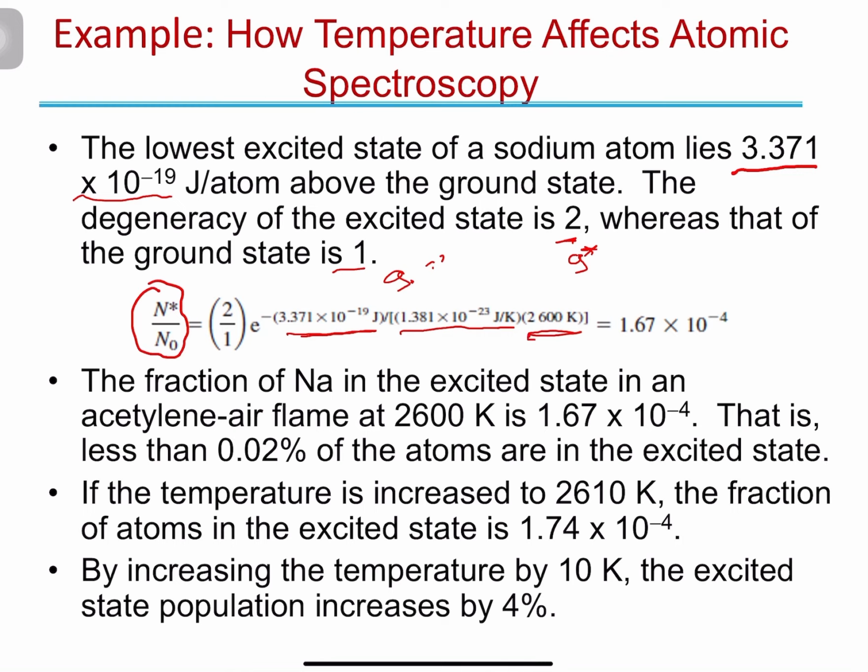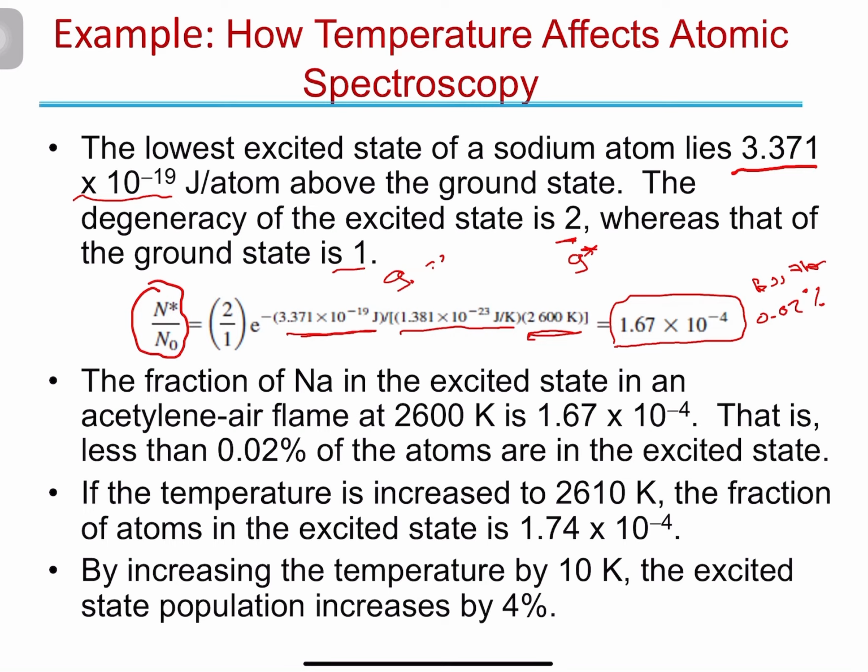At 2600 Kelvin, this fraction is 1.67 times 10 to the power minus 4, which means less than 0.02% will be in the excited state.